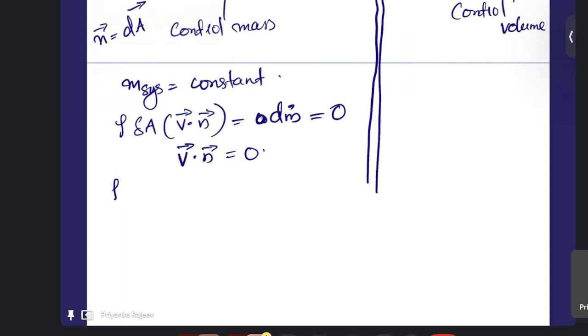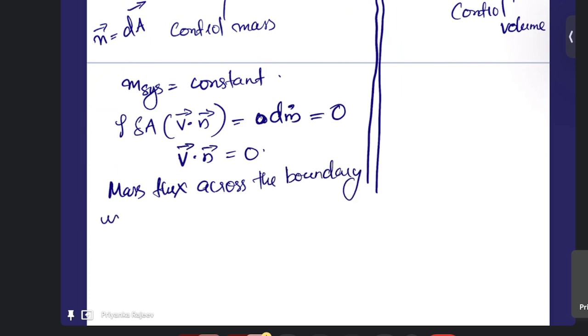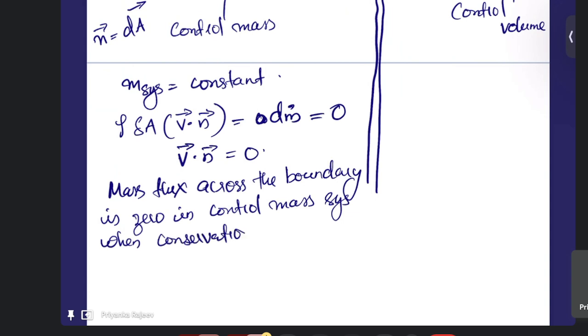So mass flux across the boundary is zero in a control mass system when conservation of mass is applied.